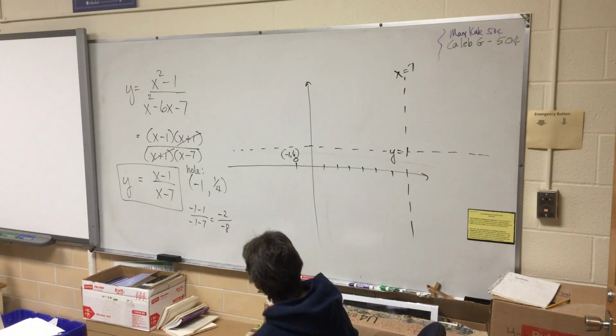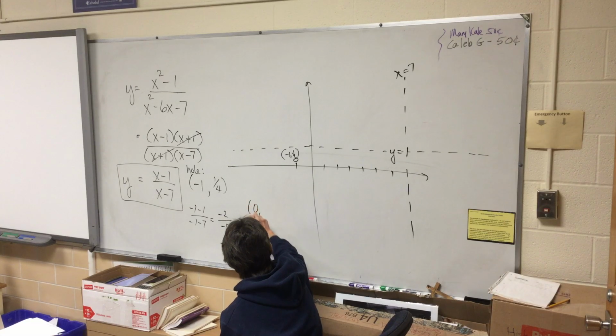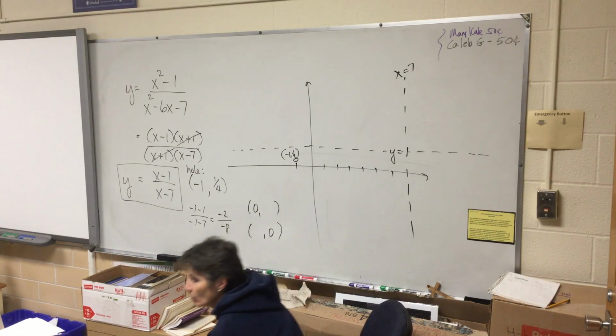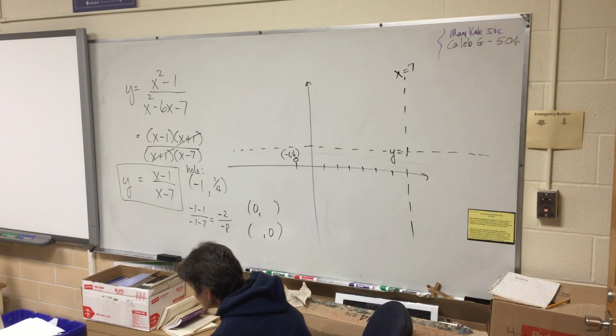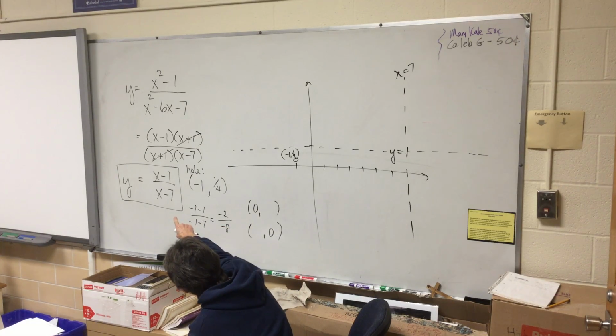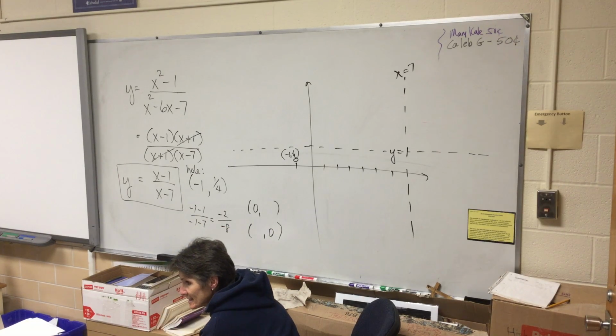All right, how about intercepts? Did anybody get an intercept, either by letting x be 0 or y be 0? William, this is easy. If you go back to that box right there and you put in zeros for x, what do we have? 1/7.